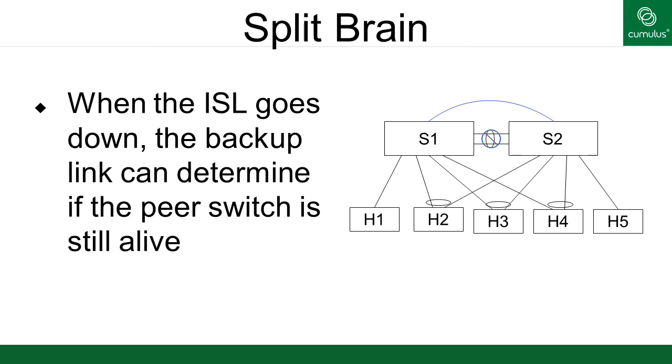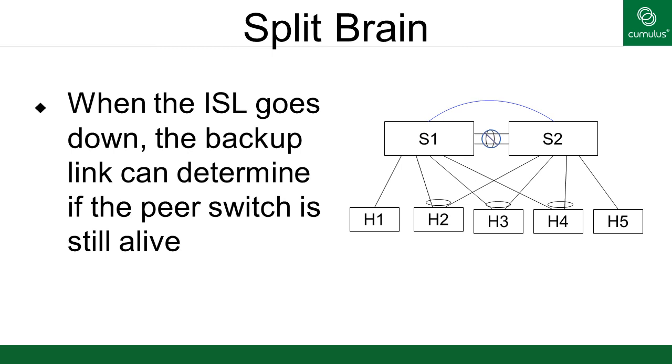And the heartbeat says, yes, I'm alive. So given that, S2 can determine if the peer link is down and the other switch is still alive, or if the peer link is down and the other switch is absolutely dead. And it can do the right thing then to recover or to not change its state in that case.